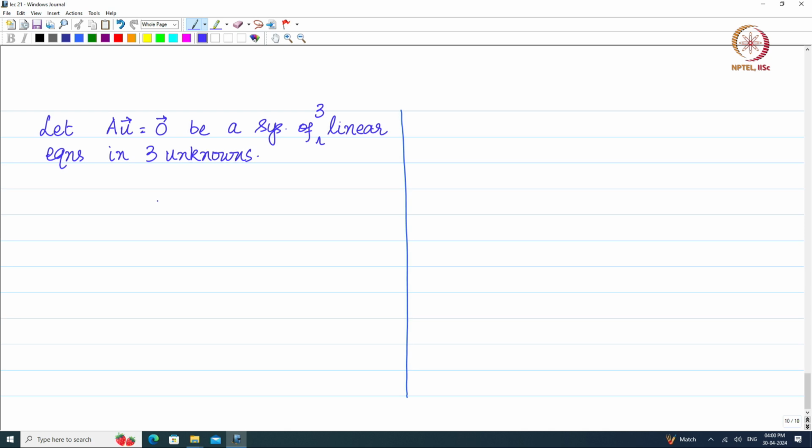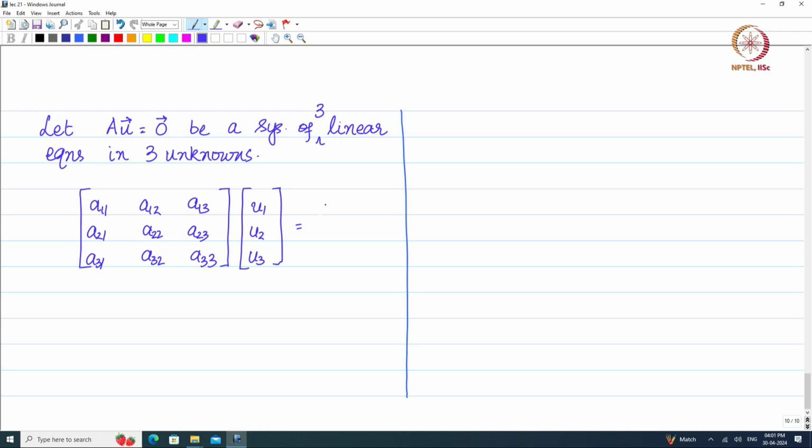So what are we going to have? We are going to have this matrix which is A11, A12, A13, A21, A22, A23, A31, A32, A33, and this is going to multiply my u vector, which is u1, u2, u3, and that is going to give me the 0 vector.